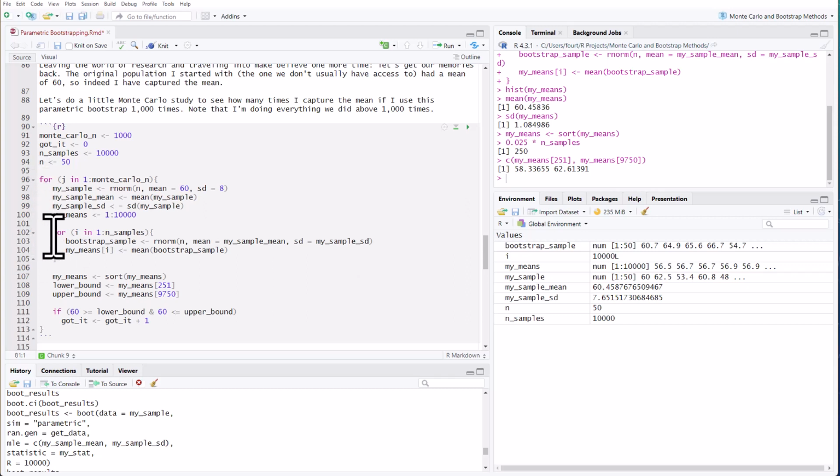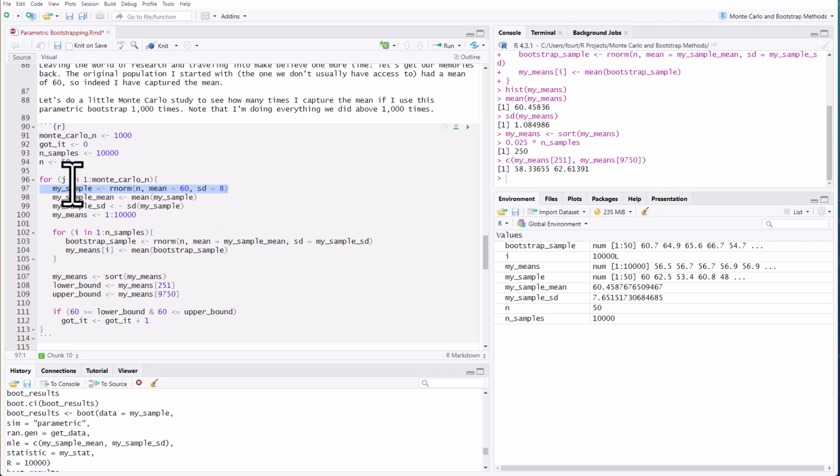That's everything down here with the bootstrap sample, doing it over and over again 10,000 times. I'm going to do everything that I did above, but this time I'm going to start with new sample parameters. That sounds funny, sample parameters, but that's what we're doing. We're taking the sample estimates to use them as our parameters for our best guess for the population.